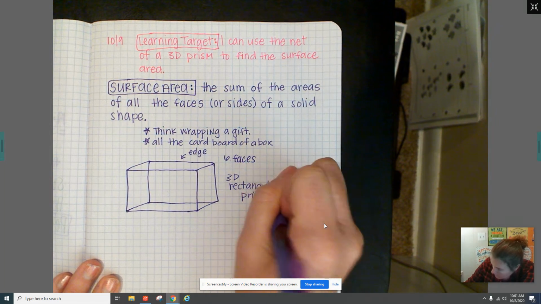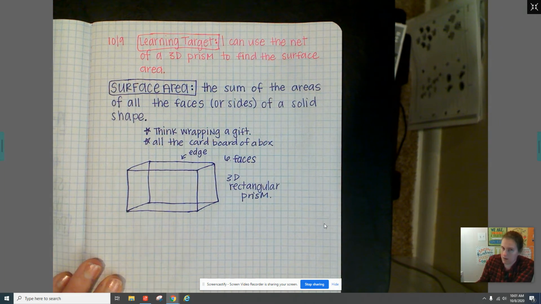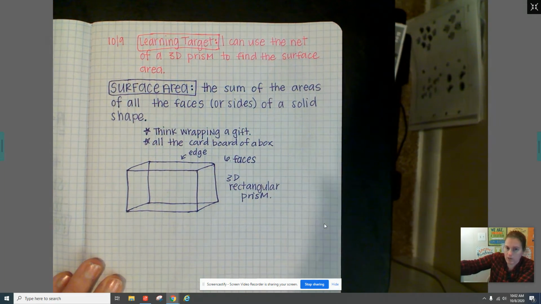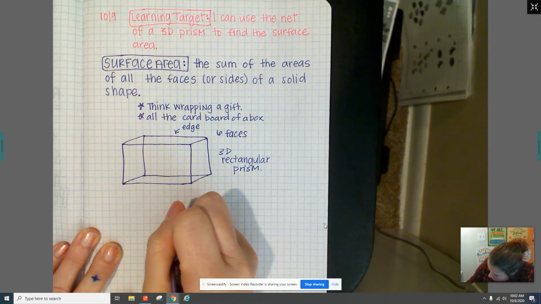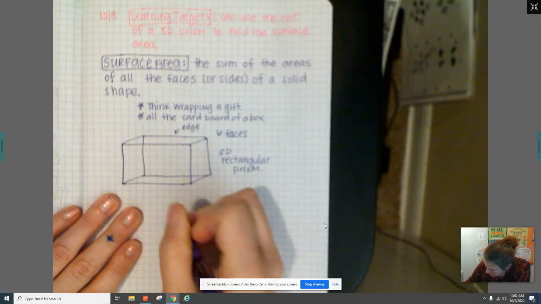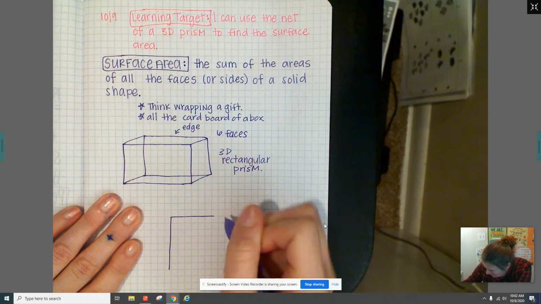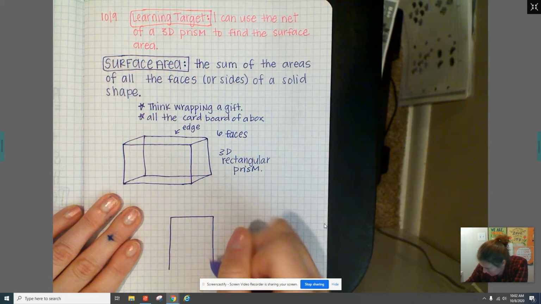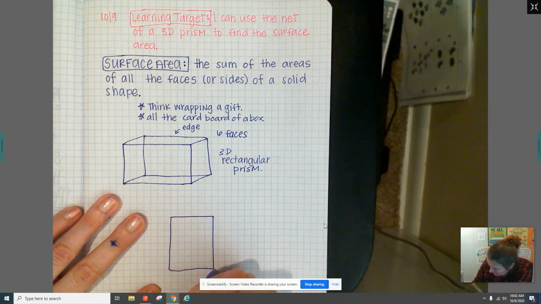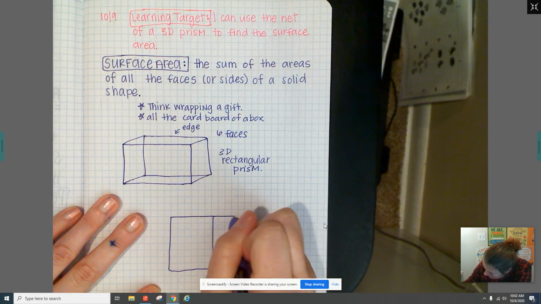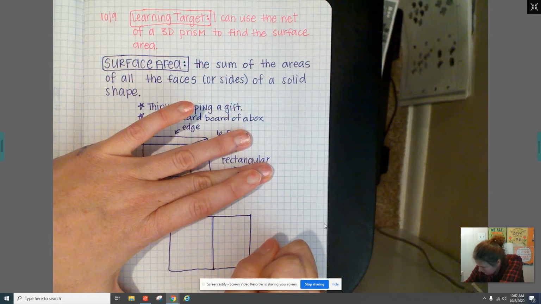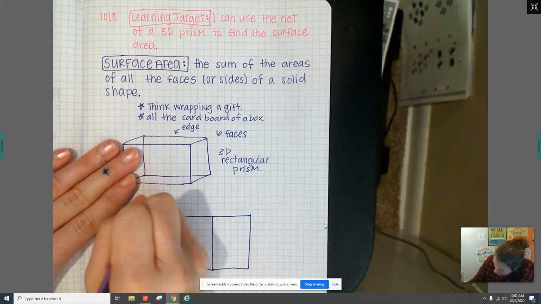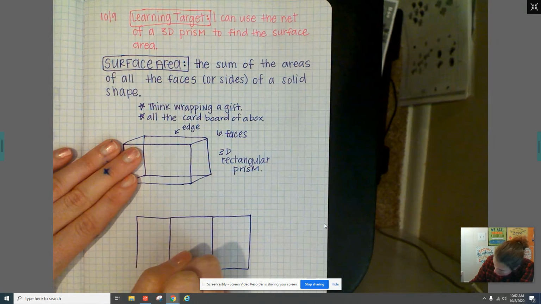Now, when I use the word net, what I mean by net is like if you took the 3D shape and you unfolded it, okay? So I'm going to try to draw a net for this. Here is the bottom of my box. Here is the side of my box. Here's the other side of my box.